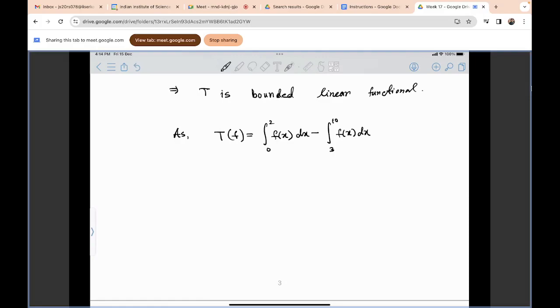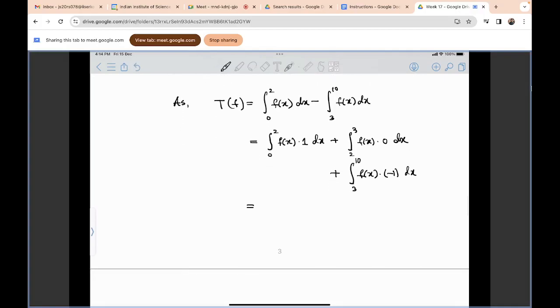We are writing this as the integral from 0 to 2 of f(x) into 1 dx, plus the integral from 2 to 3 of f(x) into 0 dx, plus the integral from 3 to 10 of f(x) into minus 1 dx.